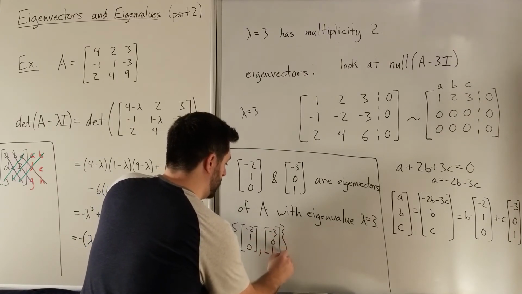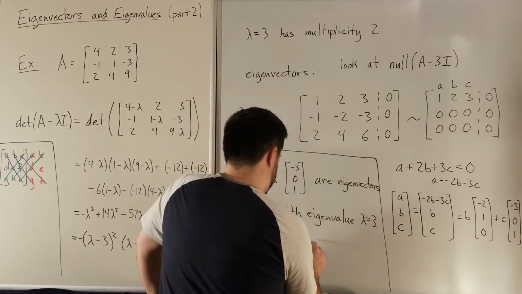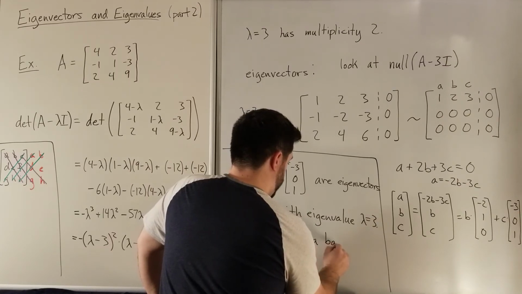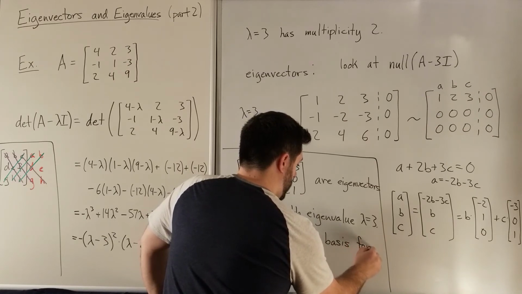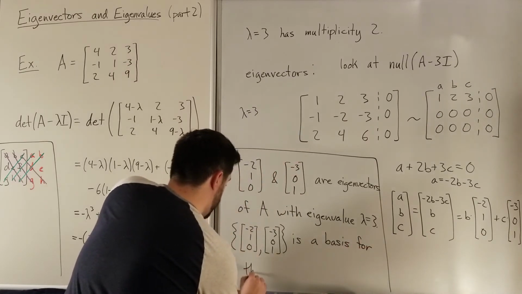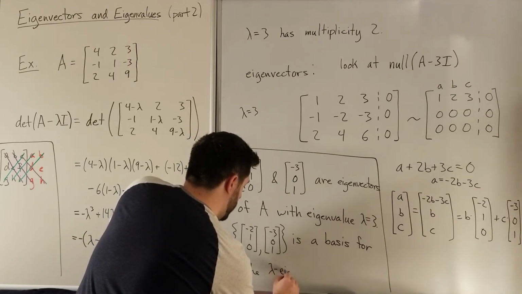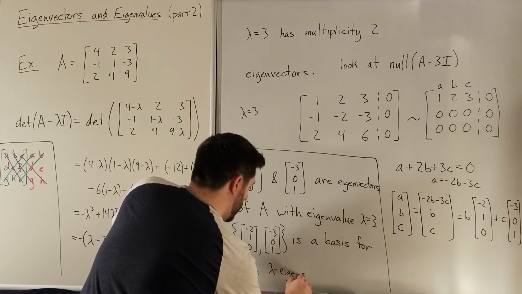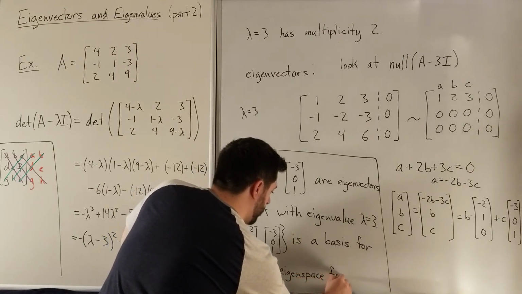And the null space of that special matrix is called the eigenspace. And I will call it the lambda eigenspace, for lambda equal 3.